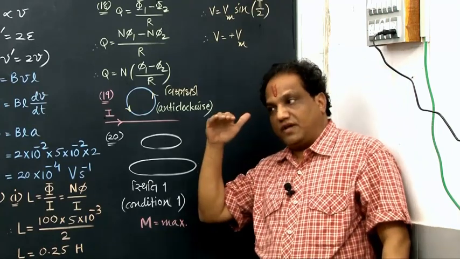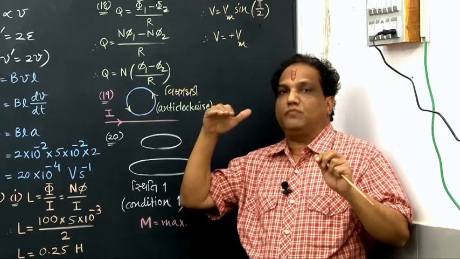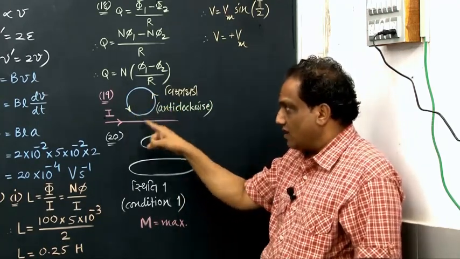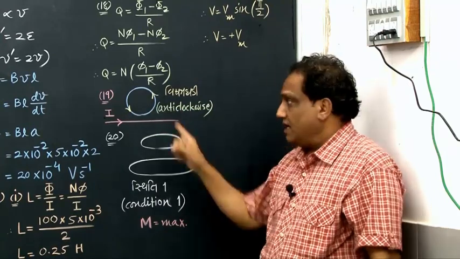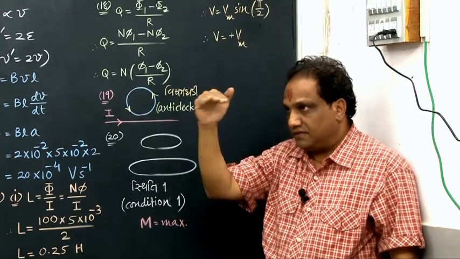If decrease in magnetic field is to be opposed, then magnetic field should be increased. So this induced current should flow anti-clockwise. Then only it will produce its own magnetic field perpendicularly outside.